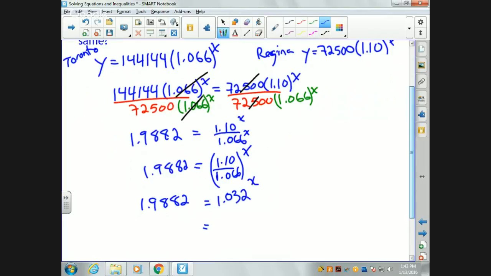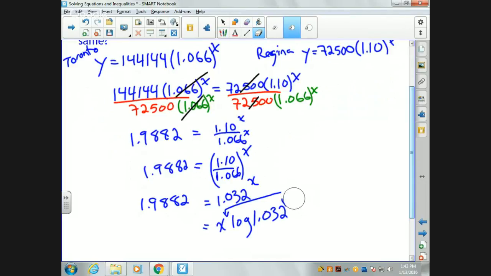So now we can take the log. And don't forget, we can bring this x down in front. Is it okay if we just pop it over here? I need a smaller eraser.